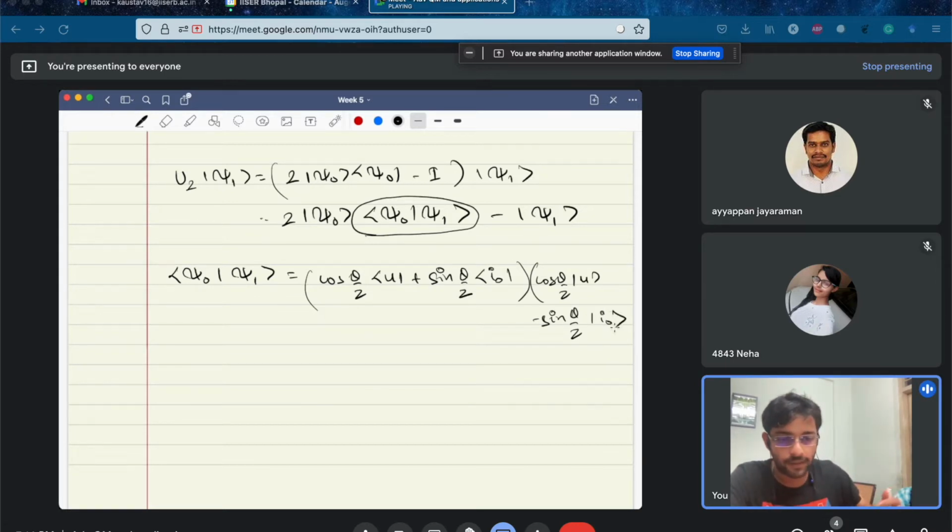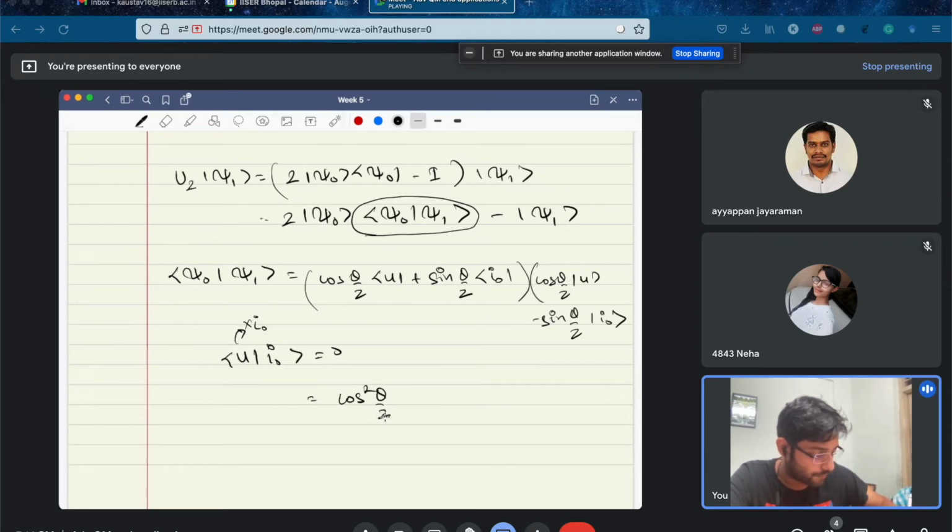Now we know that this is an orthonormal basis, so your u I naught will be 0 because it does not contain I naught here. So only the u u and I naught I naught stay. So what we have is cos square theta by 2 minus sine square theta by 2.